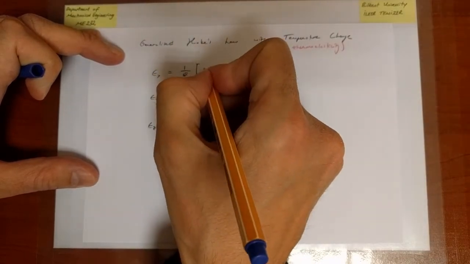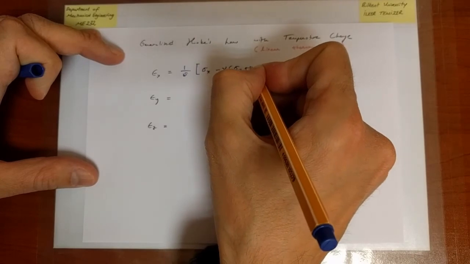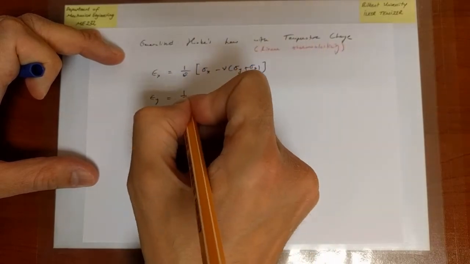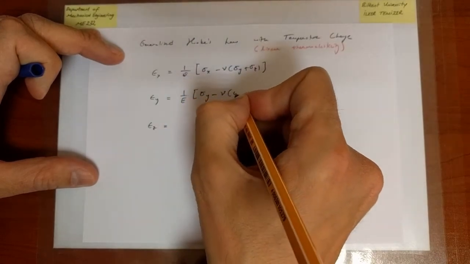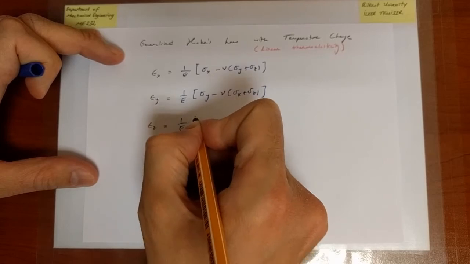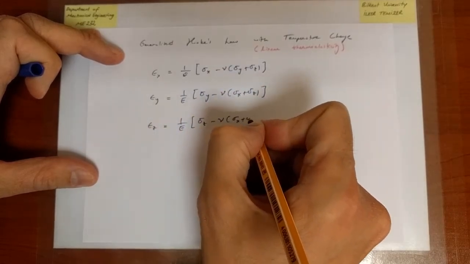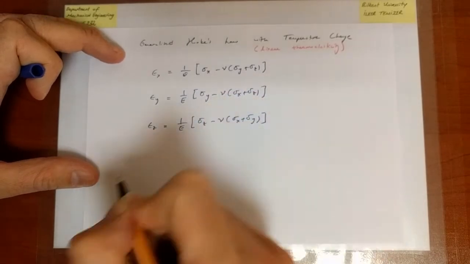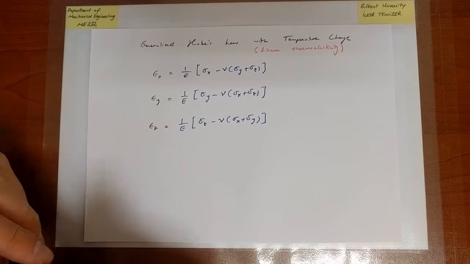Epsilon x is 1 over E, stress in the corresponding direction minus nu, the remaining two stresses, and likewise for the other two strain components. That's the case if we have pure mechanical loading.